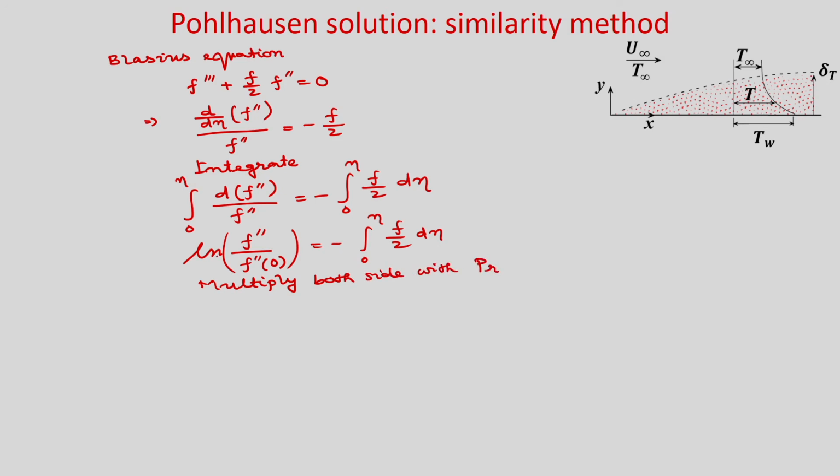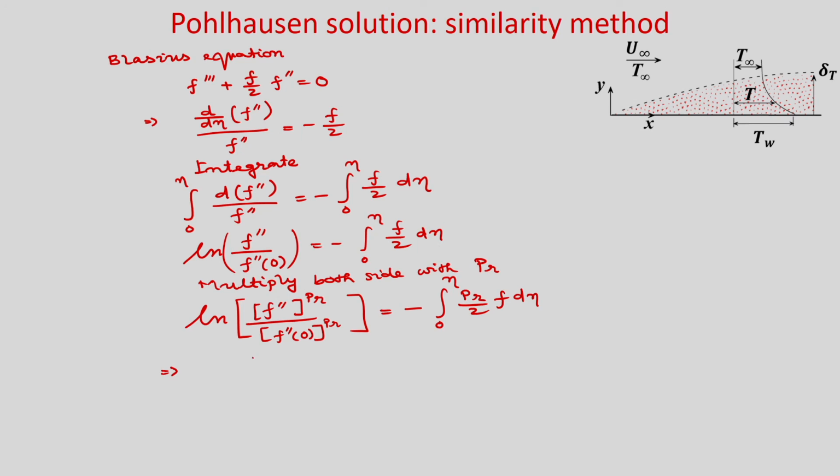Okay. So, if you see here, if you multiply Prandtl number, so you can write this as ln of f double prime to the power Prandtl number divided by f double prime 0 to the power Prandtl number, and here you can see minus the integral from 0 to eta of Prandtl number by 2 f d eta. Okay.